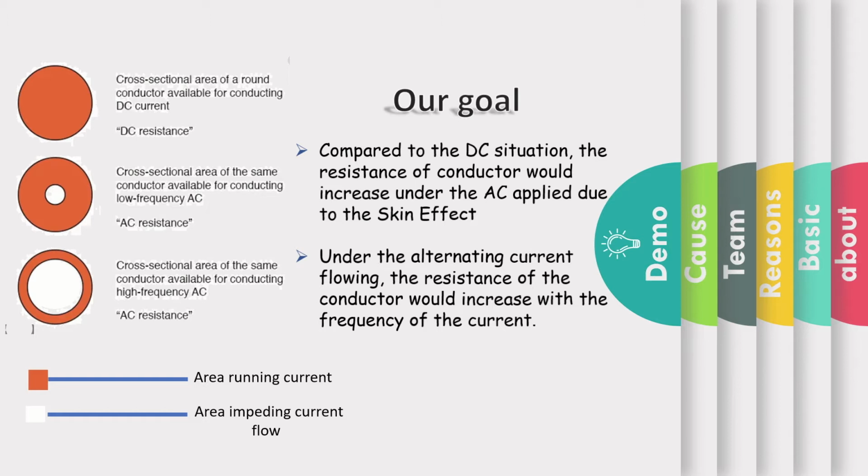Then compare the result to the DC situation, we can demonstrate the existence of skin effect. Then we want to testify the resistance of the conductor would increase with the frequency of the AC current. In order to testify that, we must apply the alternating current flowing through the wire. The higher the frequency, the larger the resistance could be.